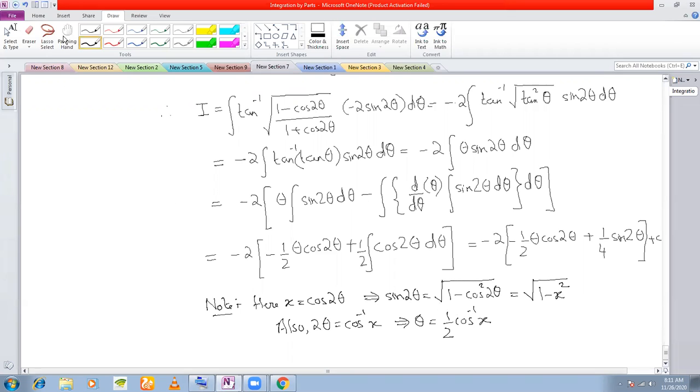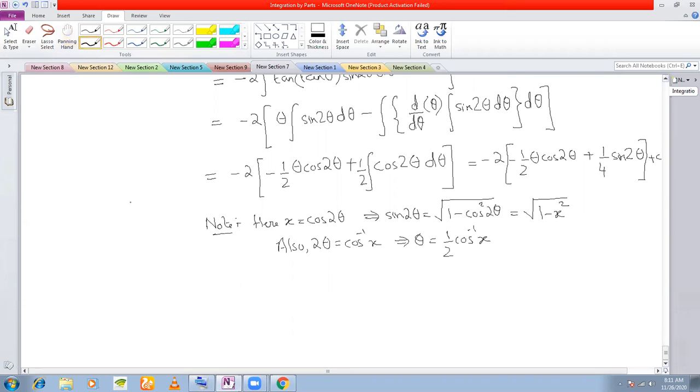So let us put now these values. Therefore, what is I? Hence, I will be minus 2 times. You can multiply 2 throughout also. That you can do a little later. Now theta here is half of cos inverse x. We put the value of theta. Cos 2 theta is x, right? Plus 1/4.